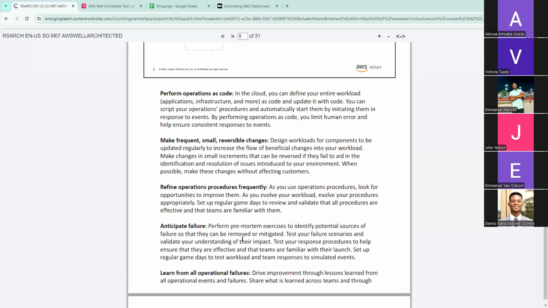All right, so I'll talk about making frequent small reversible changes. Just like the name speaks, it's about breaking stuff into smaller pieces so you can handle them. We do this so we can have frequent improvements. Let's say you have a problem somewhere, and because you divided it into smaller bits, you are able to identify where the fault came from and fix it quickly, then get back to operations so that everything runs smoothly.